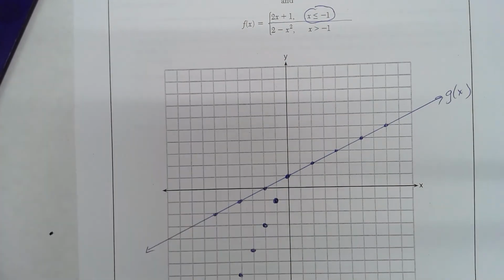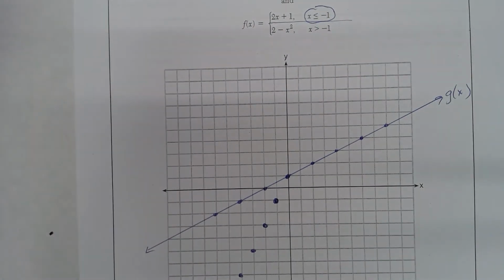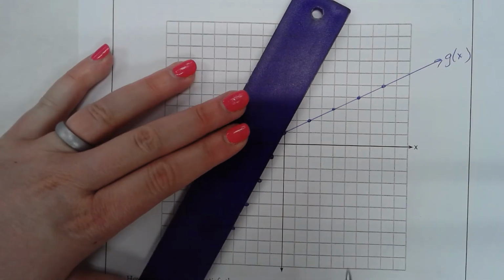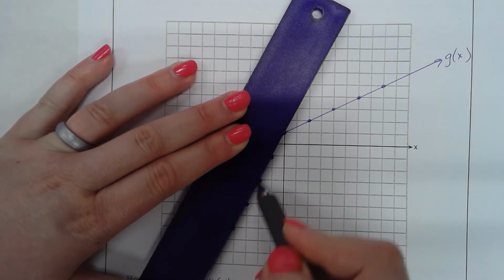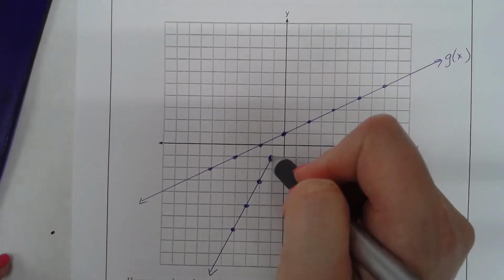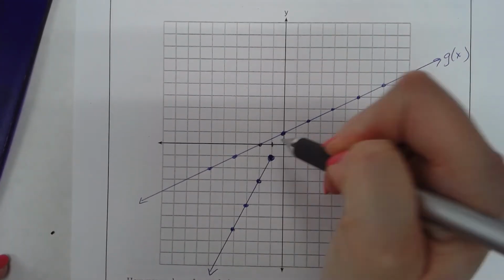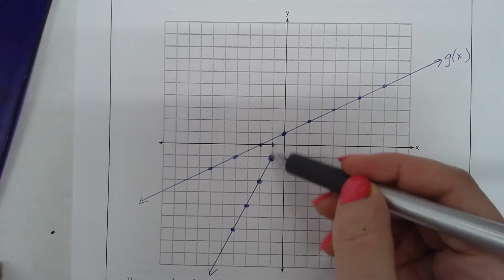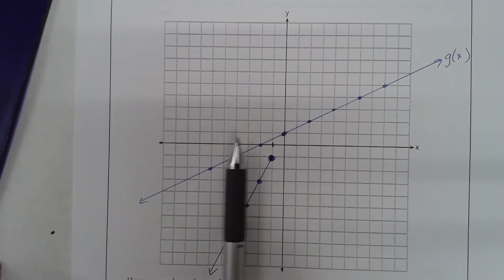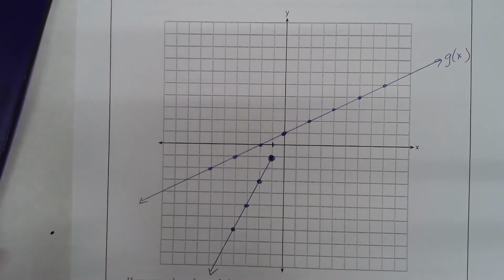And I'm going to sketch that in. Now remember, I'm only plotting it when x is less than -1. So when I draw this, look what I'm doing. I'm stopping at that point. This right here is -1. I'm only graphing when x is less than -1, which means to the left of -1. So those are the only ones I'm plotting.